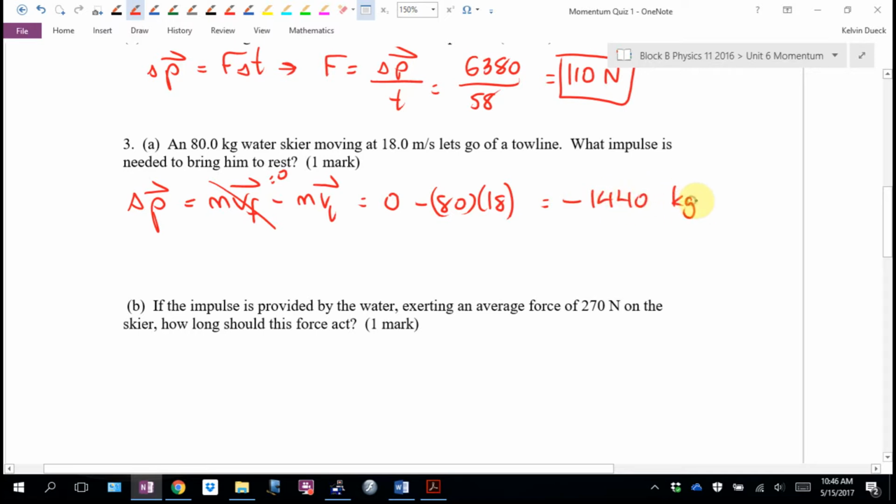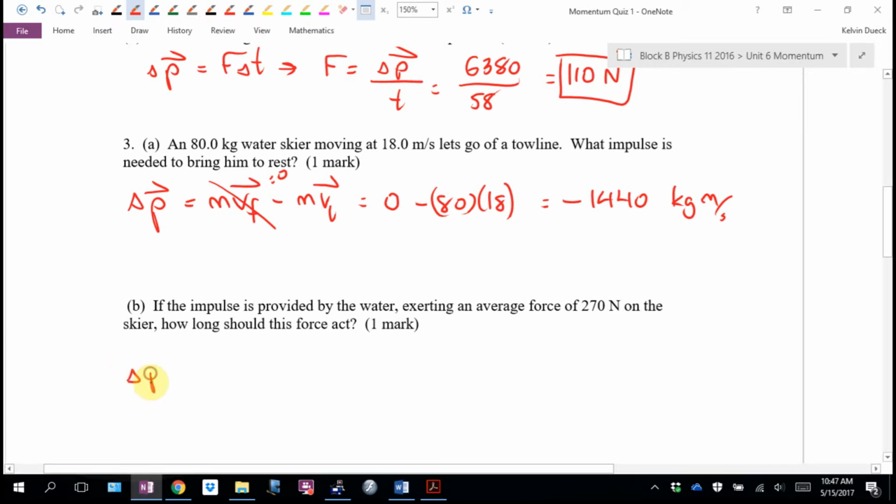Kilogram meters per second. What's the negative telling me? You know what? To come to a stop, you have to lose momentum. So I will be fussy. The negative does have to be there. In other words, if you're traveling forwards, the change in momentum is backwards when you're coming to a stop, which makes sense. How long should this force act?